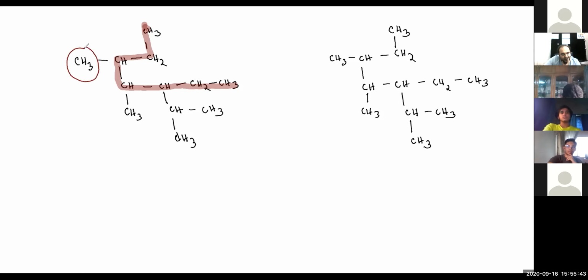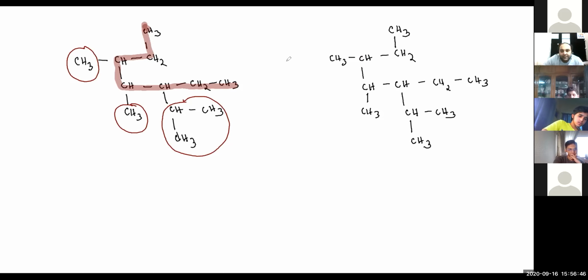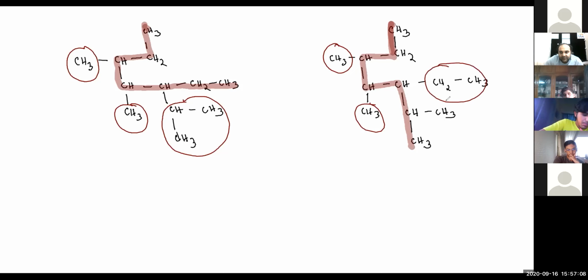Branch number 1, branch number 2, and branch number 3. For the second example, find it out. One way is 1 2 3 4 5 6 7, and another way is 1 2 3 4 5 6 7. So how many branches do they have? One, two, three, four.